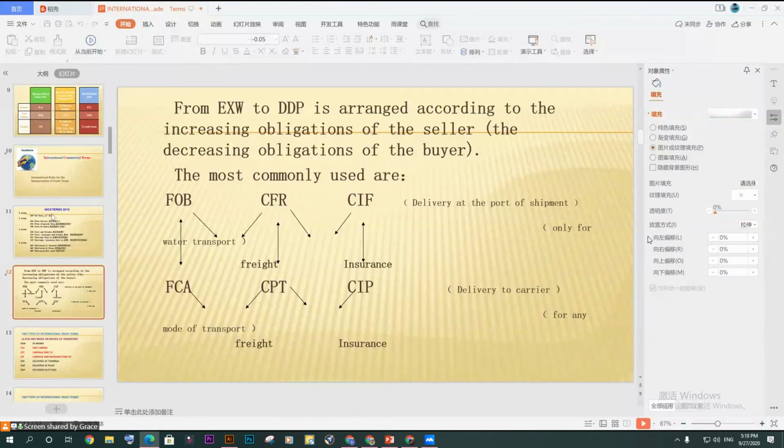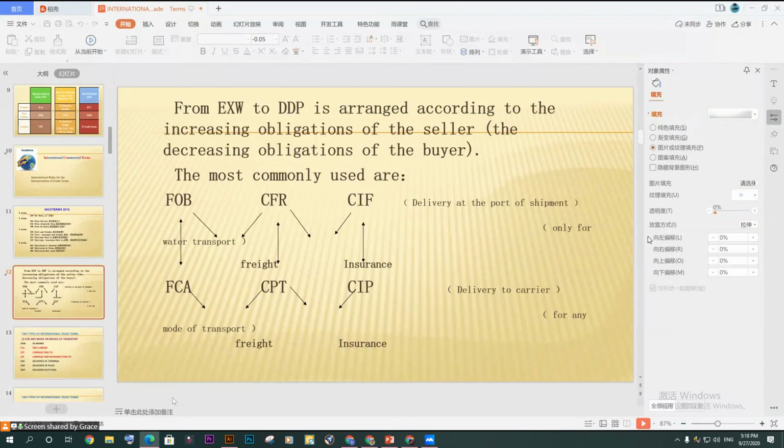Because in these trade terms, we have some words that particularly mean waterway transport, just like the vessel, just like the port, something like that.